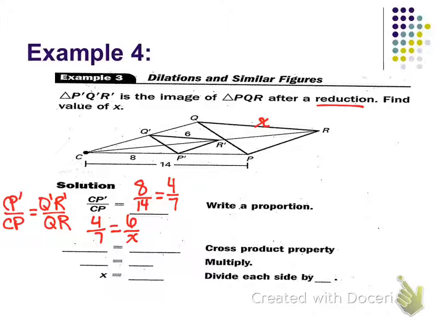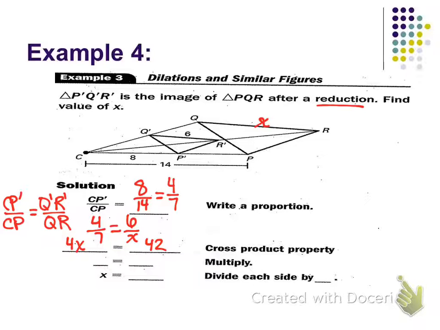This is why our warm-up was cross products, solving proportions. We have to cross multiply. When I cross multiply, what do I get? 4x equals 42.